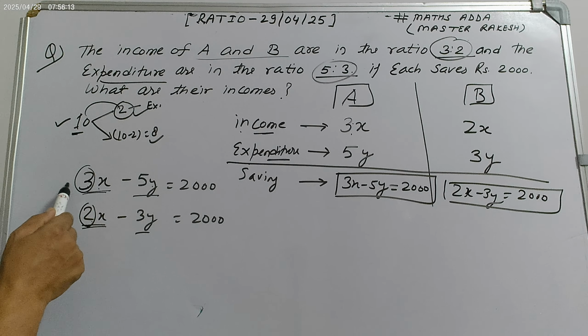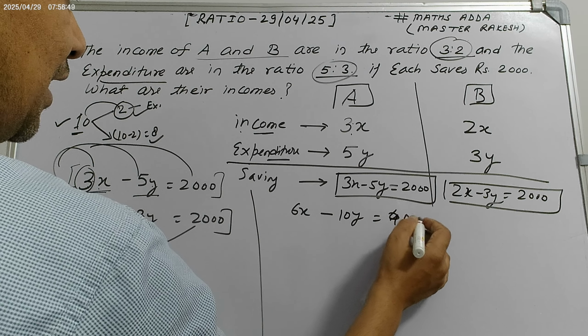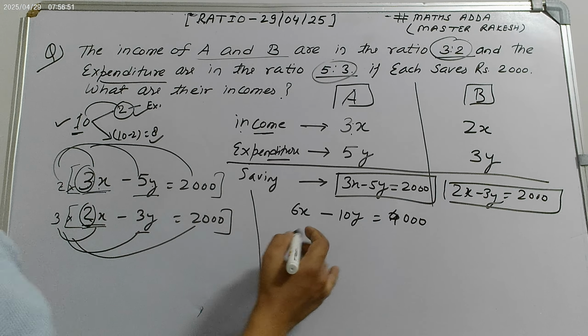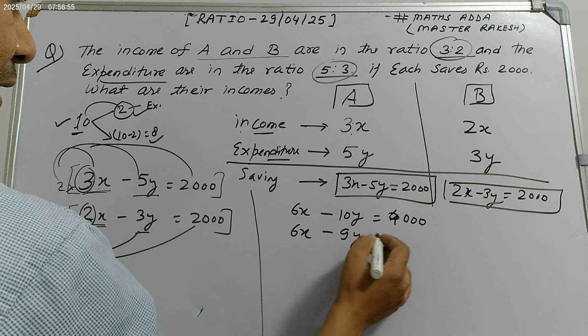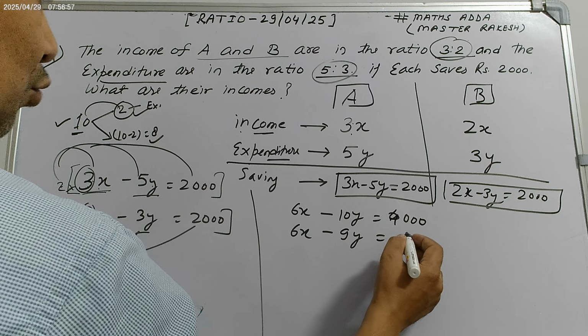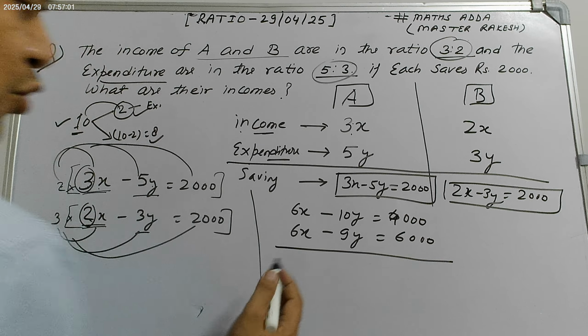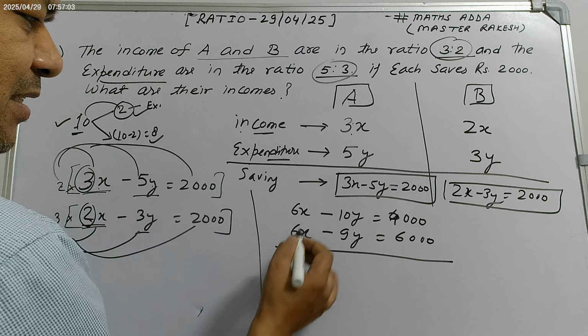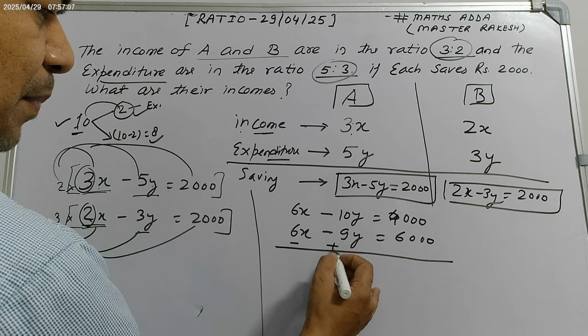So 2 into 3x, 6x; 2 into 5y, 10y; 2 2s are 4, 4000. Then 3 2s are 6, 3 3s are 9, 3 2s are 6, 6000. Now subtract this equation from this equation.